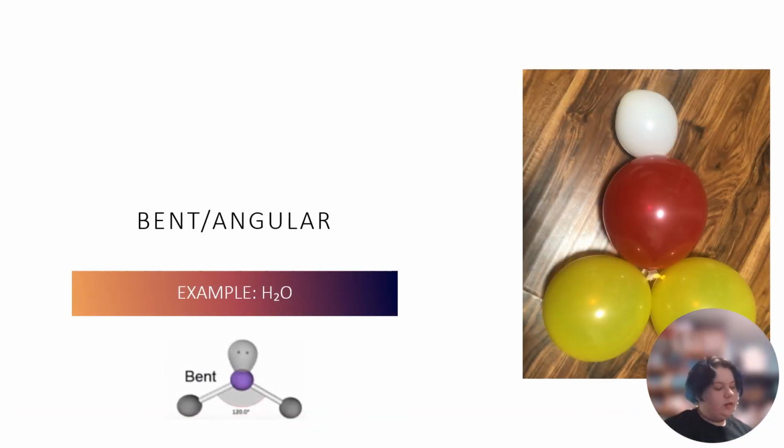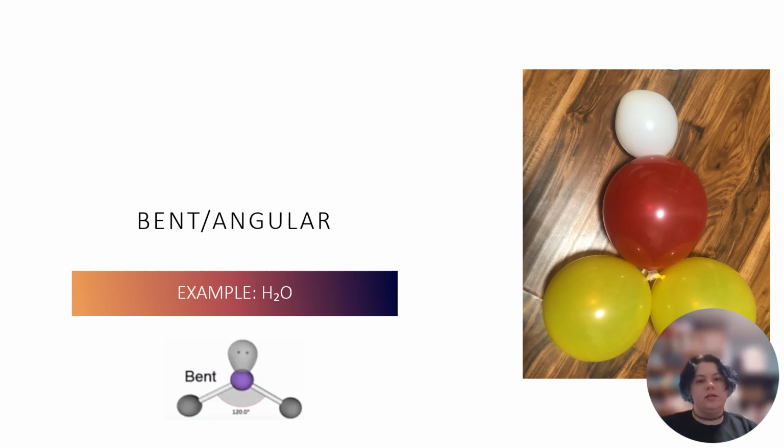After that, it's moving into the bent or angular example. That one there typically has 2 bonding areas, and the only difference between this and the previous one is that there is typically 1 or 2 lone pairs, which results in having that triangular formation again and the addition of a lone pair on the top, like I have in the image above.